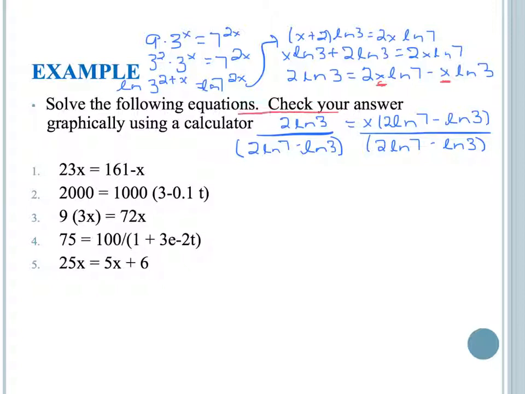So this beautiful fraction that we have is the exact answer for what x equals, which, not knowing too much about the values of ln of 3 or the ln of 7, much less multiplying by 2 and subtracting some of them, may not give you a really realistic picture of that value.